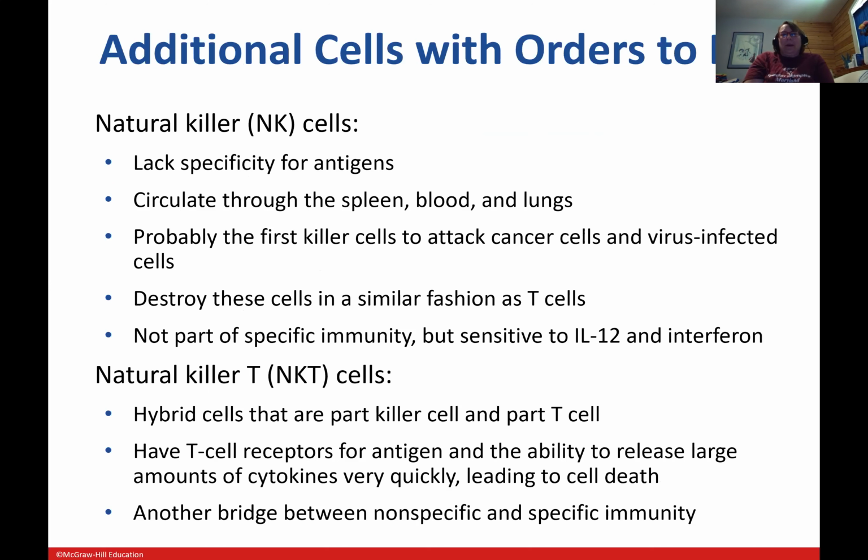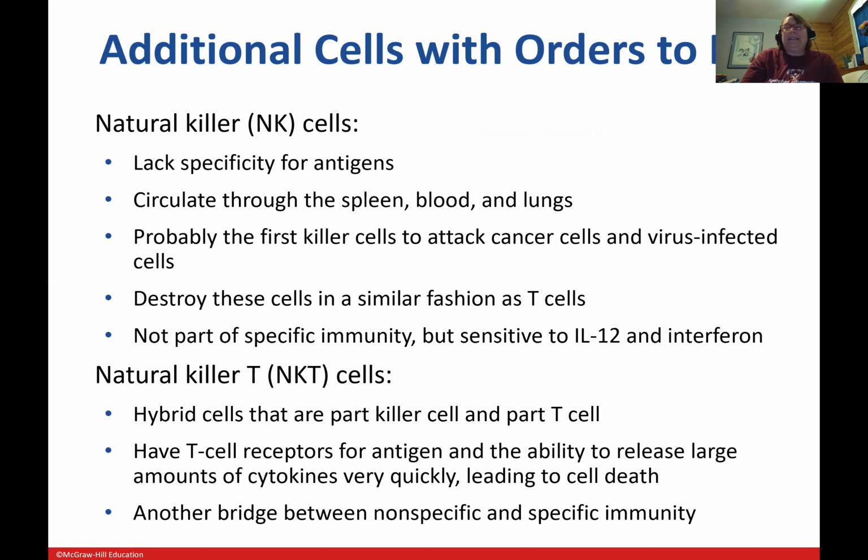Okay, so additional cells that we just need to be familiar with. Natural killer cells are, again, looking for specific antigens. They circulate throughout the body, and these are really the ones that are most likely to attack cancer cells and virus-infected cells. They do it in a fashion very similar to T cells, but they're not T cells. They're not really a part of specific immunity, but they are woken up by certain cytokines produced by T cells, specifically IL-12 and interferon.